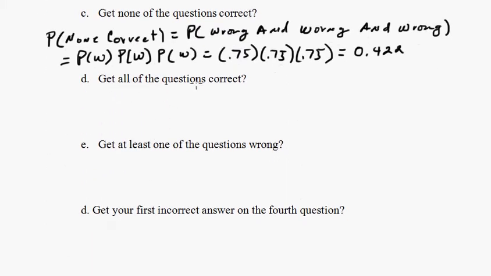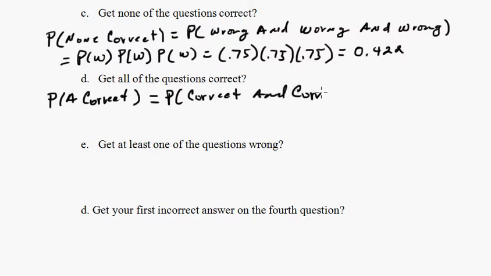Get all of the questions correct. So the probability of all correct, well, that's going to be the other top branch. That's the probability of correct and correct and correct.